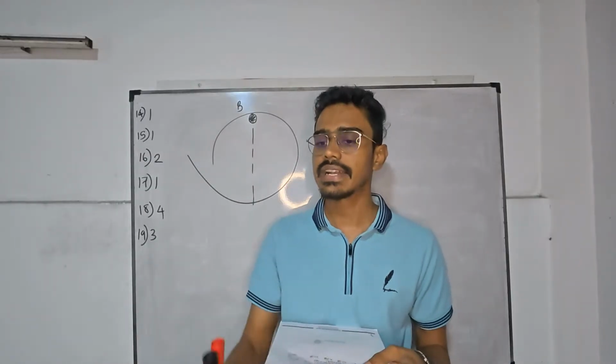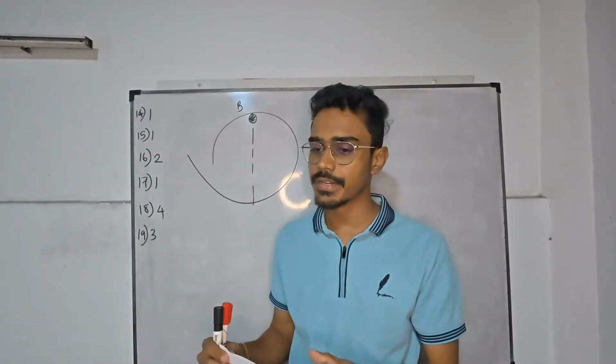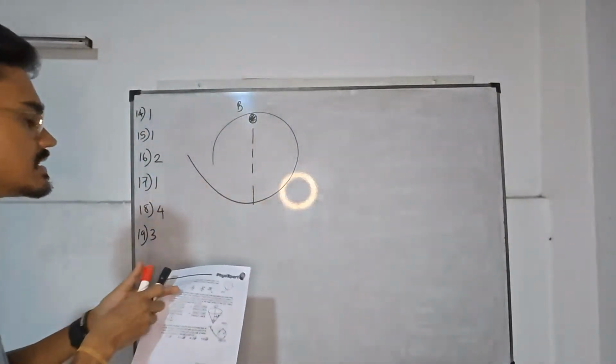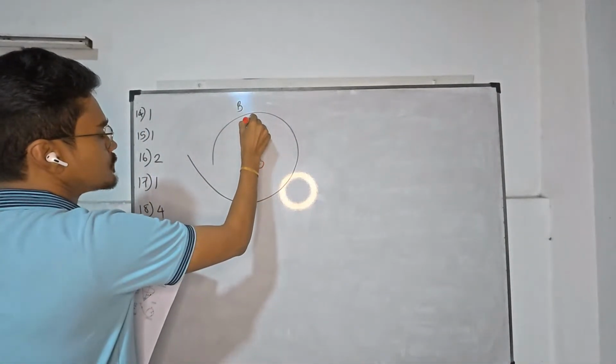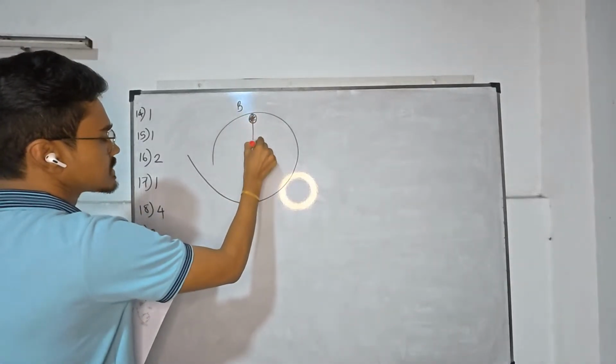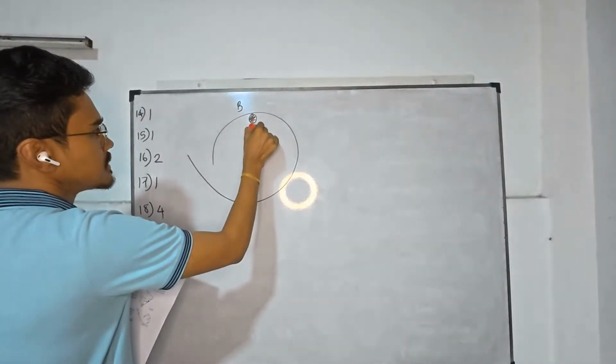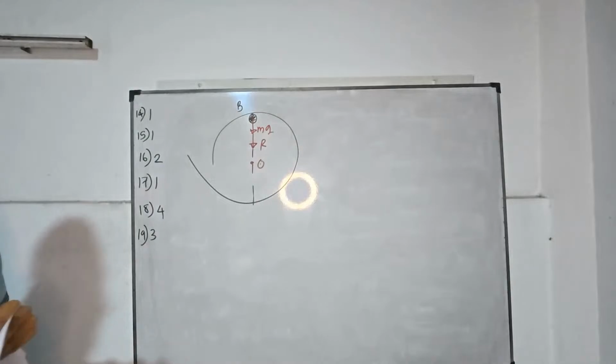Having that in mind, I'm going to use F equals ma towards center at this point. Center of the motion is here. So we have forces, reaction R and mg, acting like this.